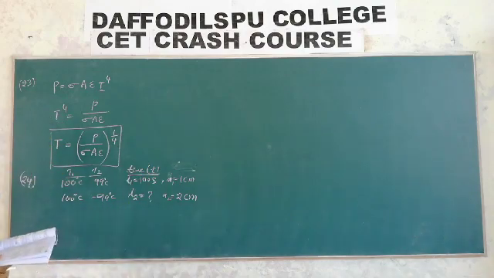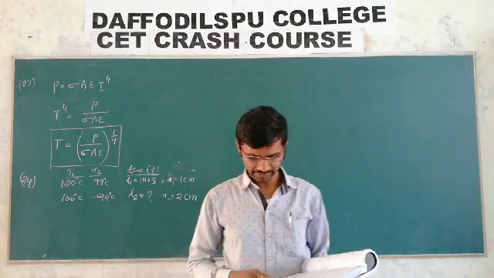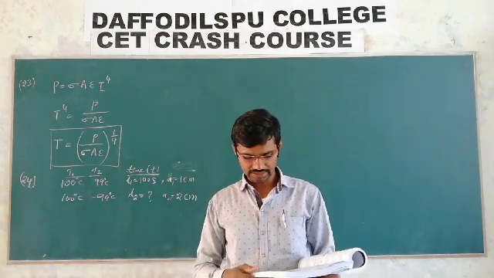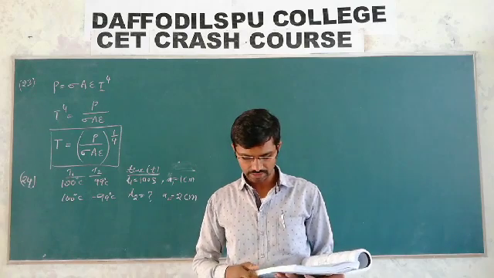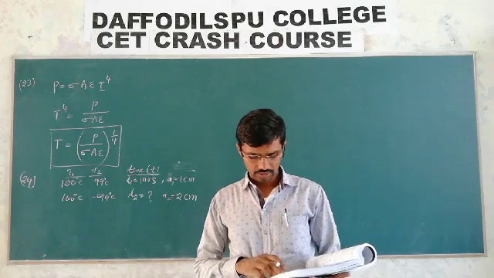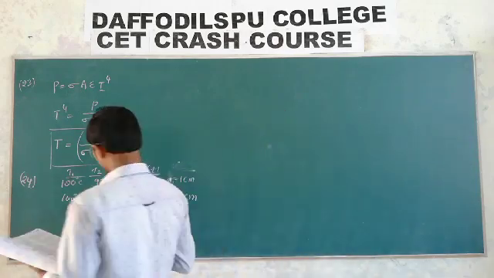Now, what is the rate of transfer of heat? Surrounding temperature is T0 and the changing temperature is delta T. Then we write the expression.